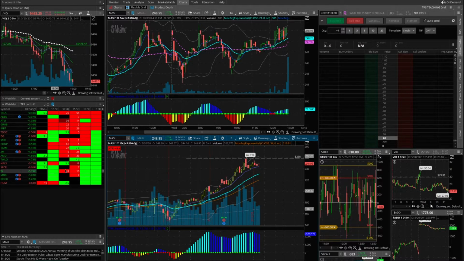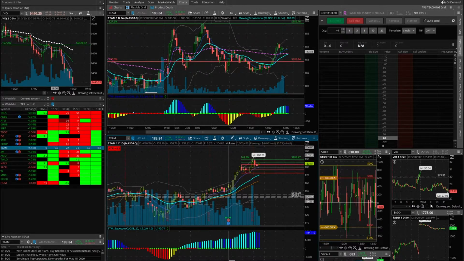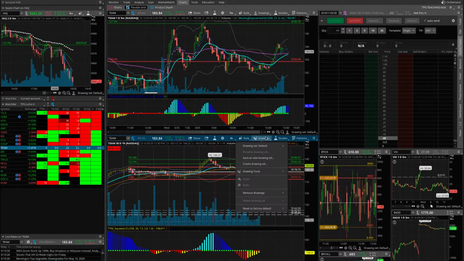That allows us to look at multiple time frames in a particular stock without having to go through each one of the time frames. So for instance, we are looking at Team. Team has a 1 hour squeeze. So if we go to the 1 hour chart on Team, let's get rid of our drawings.